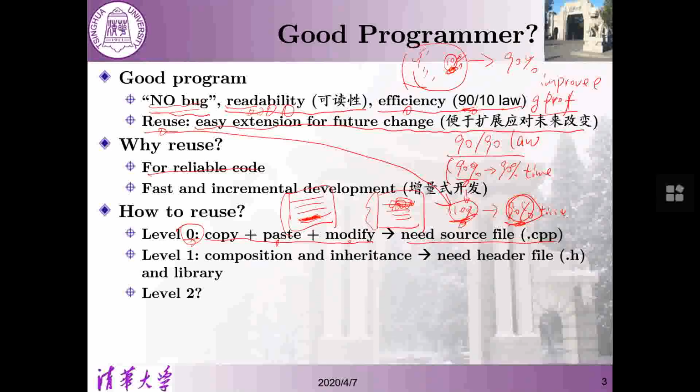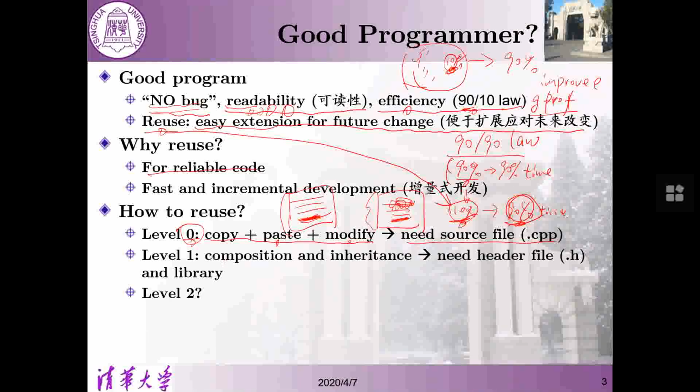So this line may be modified. Then you have to find all the places of this line and modify all the code, right? If you miss one, then there will be another bug, right? So this copy, paste, and modify is really a bad programming habit. Try to avoid it.